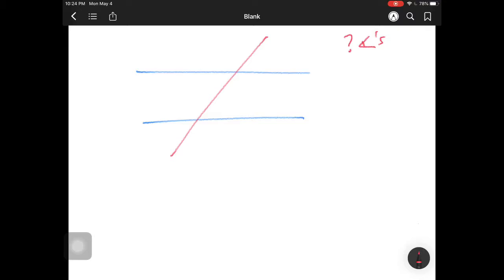As you can see, 8 angles are formed. Now, how many of these angles are acute and how many are obtuse? Again, as you can see, 4 of them are acute and 4 of them are obtuse.